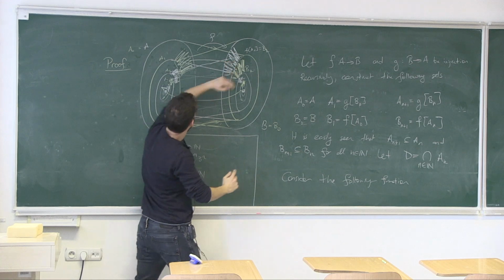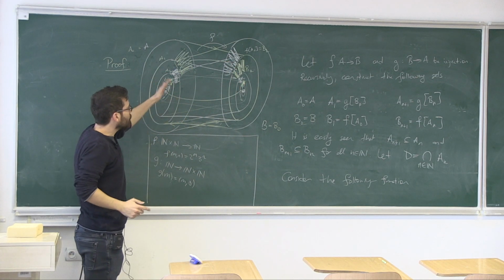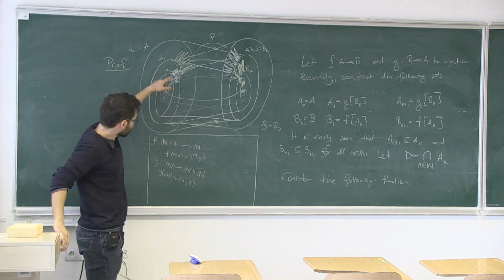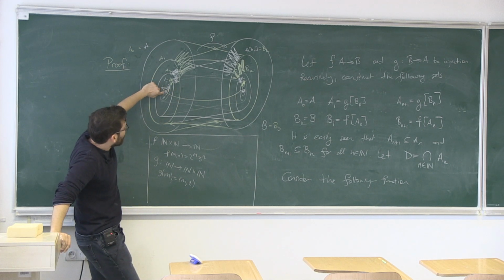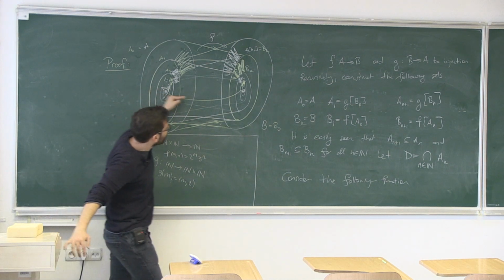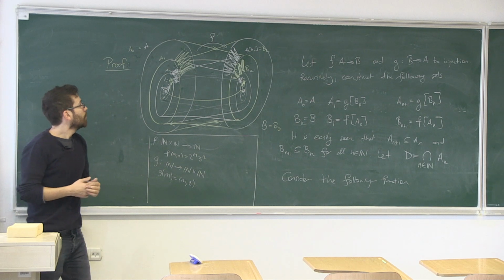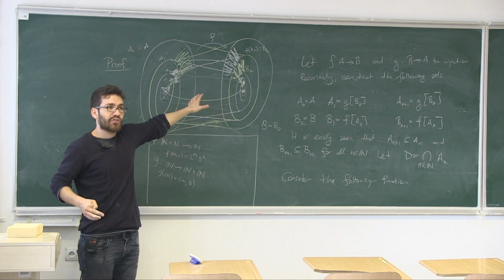You take these two, you put them like this. You take these two, you put them like this. You keep doing that, and you can do this for all elements except the ones in the intersection. The ones in the intersection, you simply push them by f, okay? Questions?